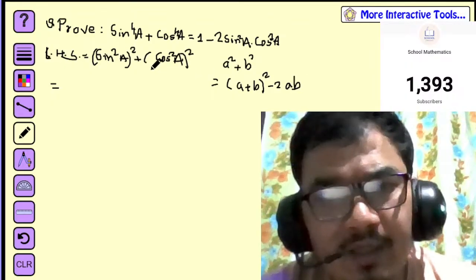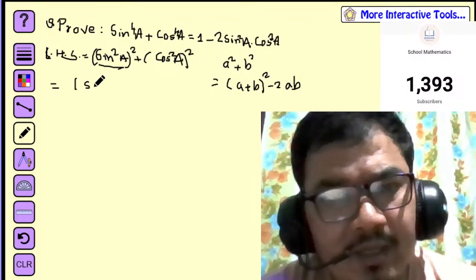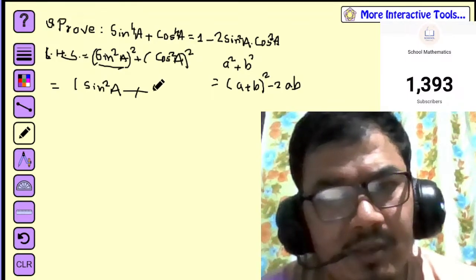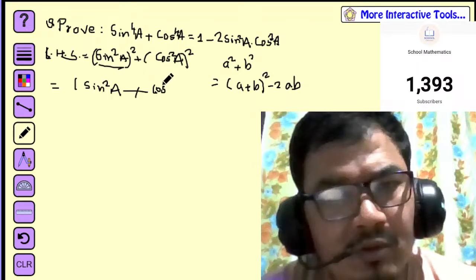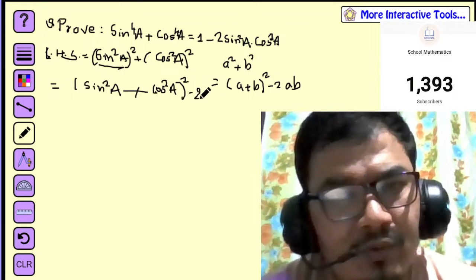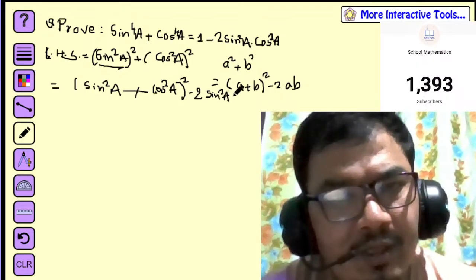Here in place of a there is sine square a, so inside the bracket we write sine square a plus, and b means cos square a, whole square, and minus 2, and a means sine square a, into cos square a, right?